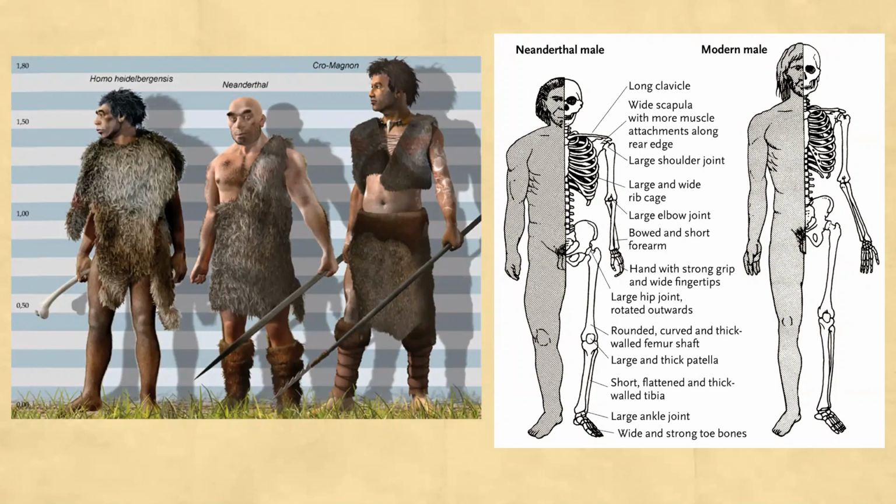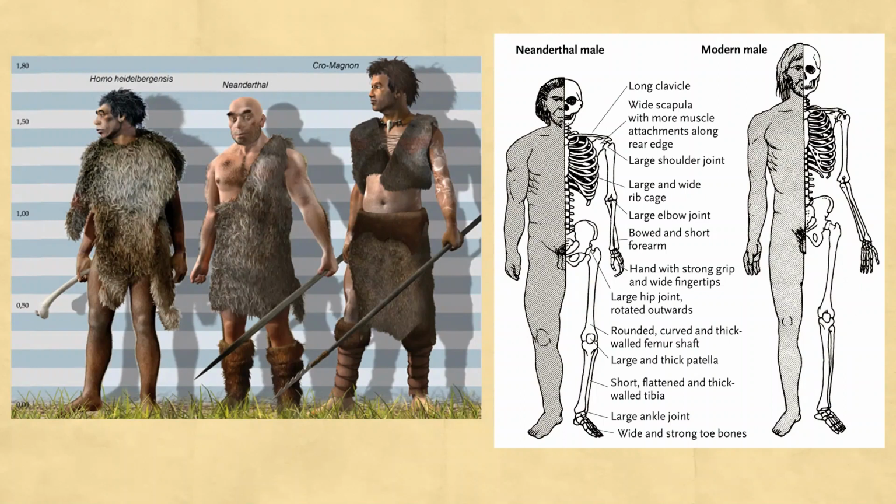The Neanderthal has the long clavicle and broader chest, wide scapula, much more muscle, stronger, indicated by greater muscle attachments to what are more robust long bones, thicker walled bones, large shoulders, very large rib cage with very barrel chest, and the joints are bigger, just much more robust, even though they're shorter.